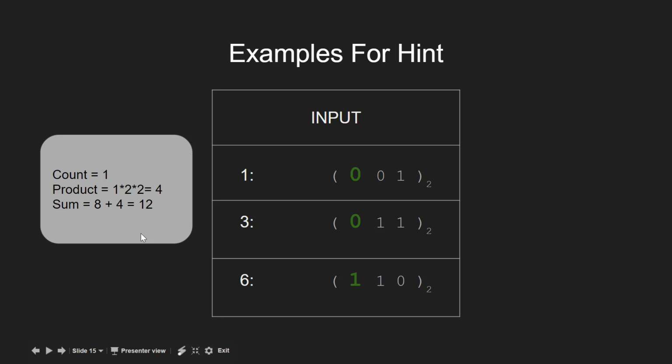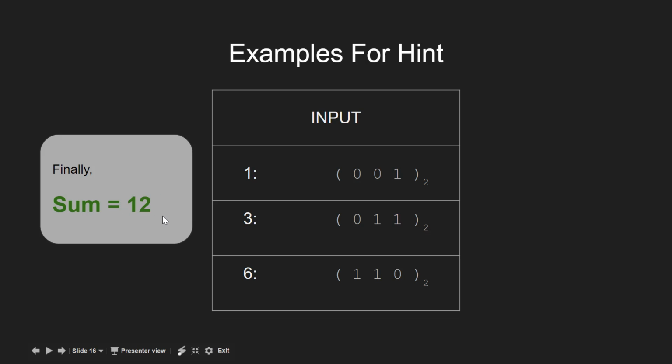So the product again becomes equal to 4 and this time the sum variable becomes equal to 12. Hence, what we get is the sum variable equal to 12 as an answer, which is the same as that shown earlier. Now let's see the implementation for the given approach.